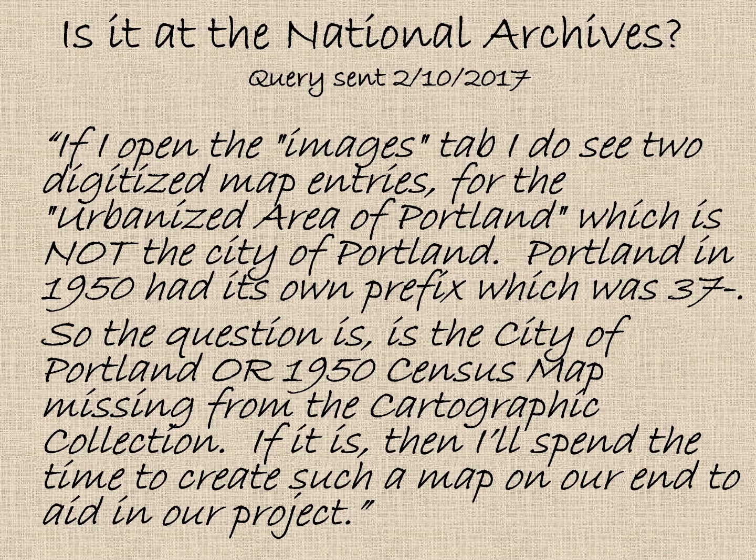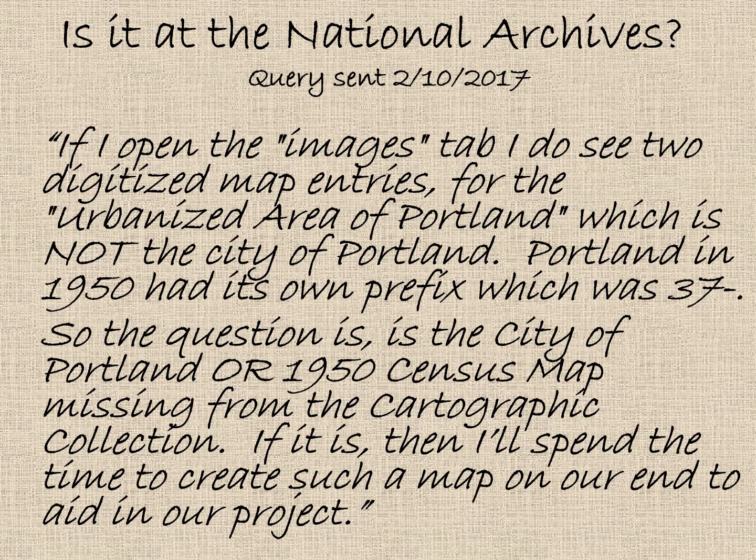ED numbers are two-part numbers. So the question, I'm addressing this to the National Archives, is the city of Portland, Oregon, 1950 census map missing from the map collection? If it is missing, then I'll spend the time to create such a map on our end to aid in our project.